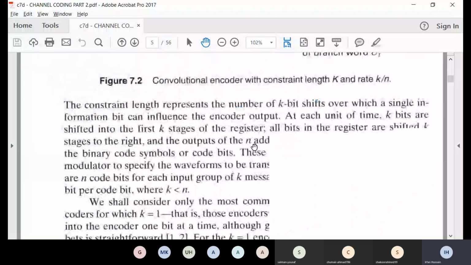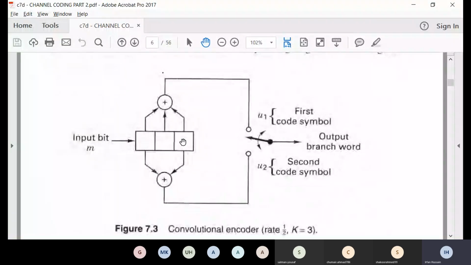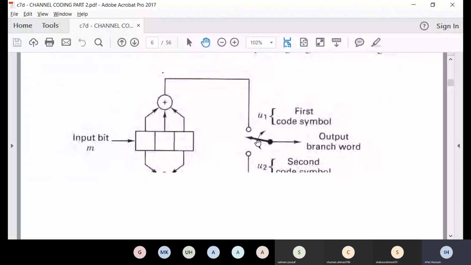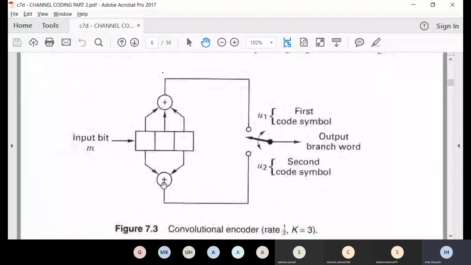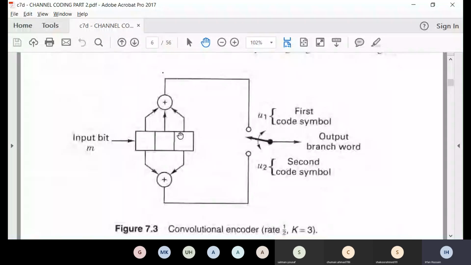First is very simple. You just make a figure. Let us say this is 0, 0, 0. So the first output is just the sum of these 0, 0, 0. 0 plus 0 plus 0 is 0, so the output will be 0. The second output is just the sum of the first and the third bit. So 0 plus 0 is 0. But let us say it was 1, 1, 1.